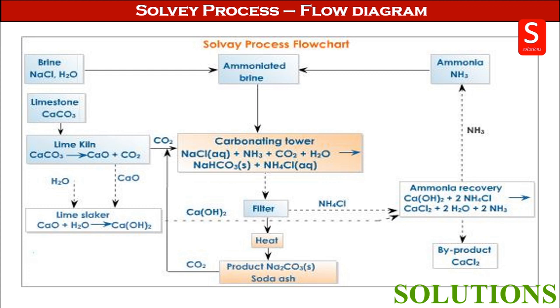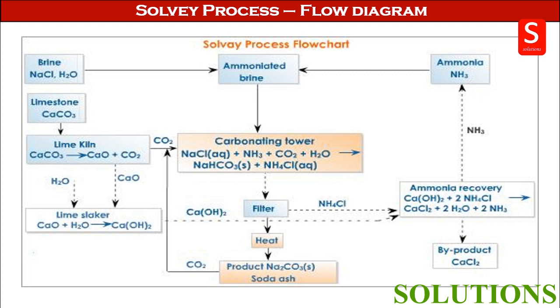Then, in the ammoniating tower, ammonia is reacted with brine, water, and sodium chloride to form ammoniated brine. The ammoniated brine is passed into the carbonating tower. Here sodium chloride, ammonia, water, and carbon dioxide, which is formed as a byproduct in the lime kiln, react to form sodium bicarbonate and ammonium chloride.